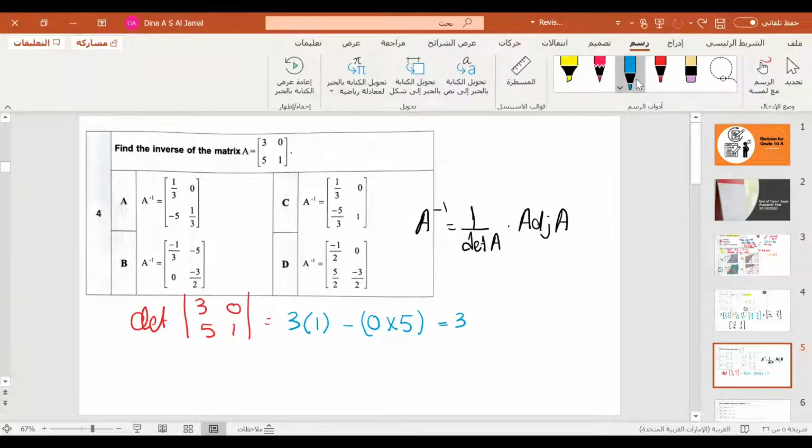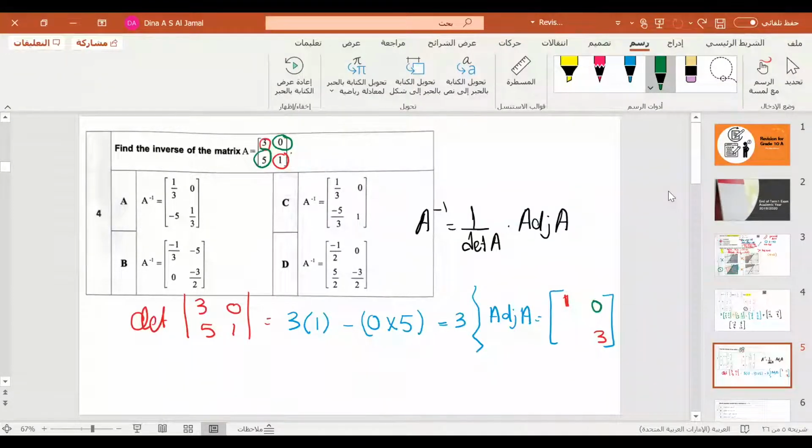So it will be 3. Now let's find the adjoint of A. The adjoint is all about looking at this diagonal and switching between the numbers, so it will be 1 and 3. Then go to this diagonal and change the sign: 0 and minus 5. Now multiply between them.